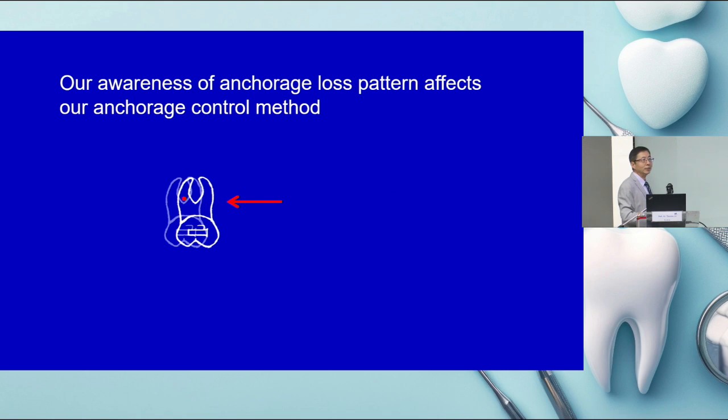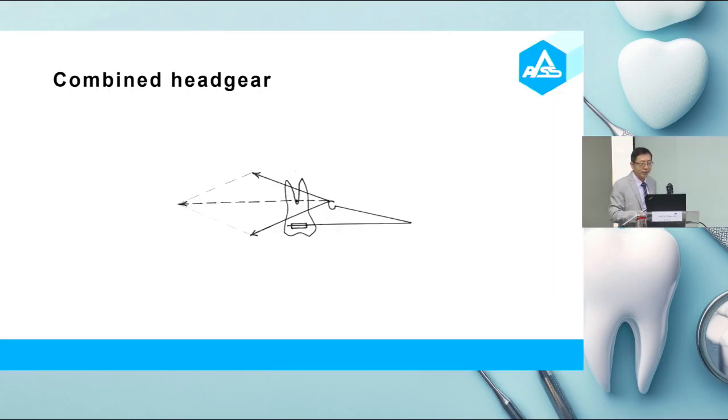We give a force at the CRE, the center of resistance, to prevent the molar bodily movement forward, right? We can use a combined headgear like this to make the force go through the CRE of the molar.